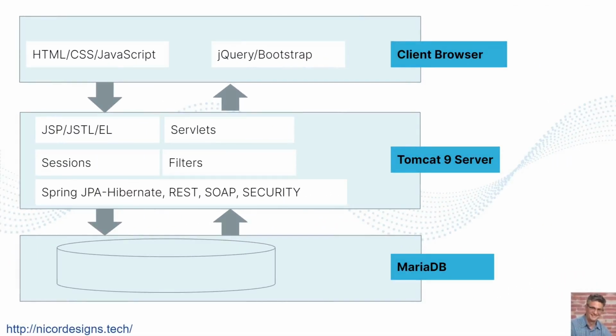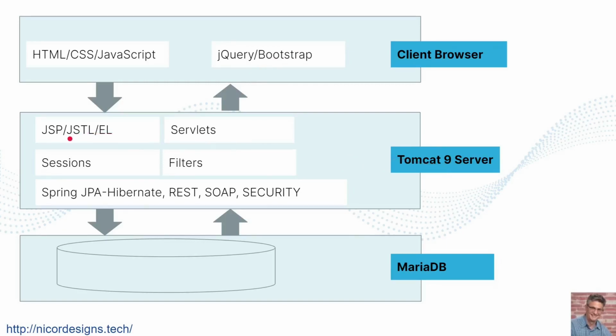Here is the answer to what JEE8 components we will use. We see in the presentation tier, we have the client browser, we have traditional HTML style sheets and JavaScript. We are going to look at some jQuery and Bootstrap. Then down to the middle tier, we are using the Tomcat 9 server.